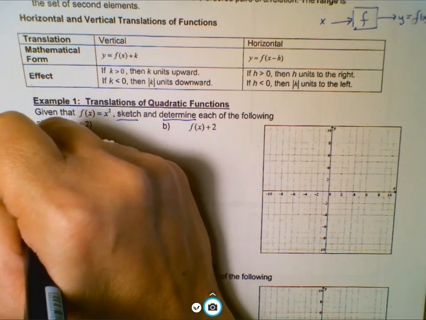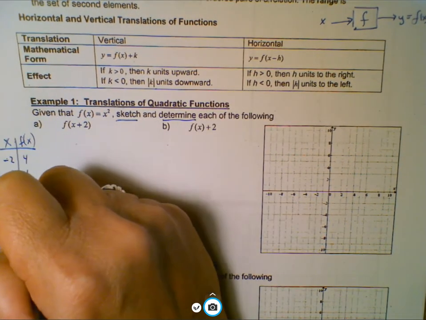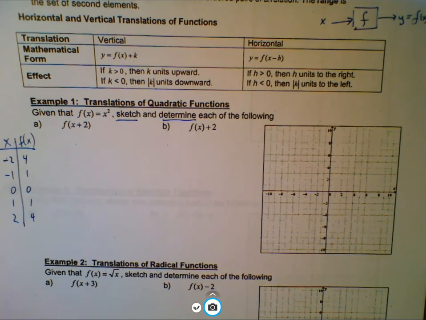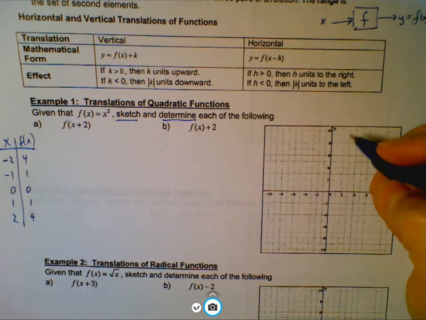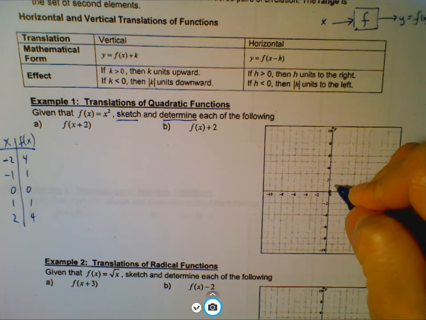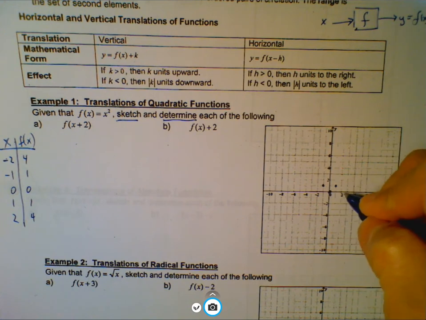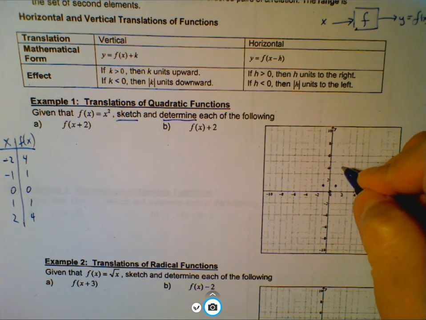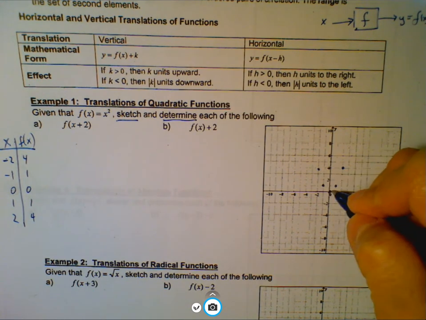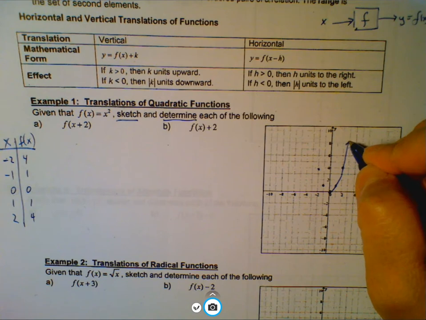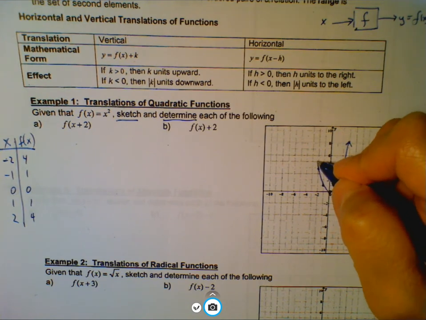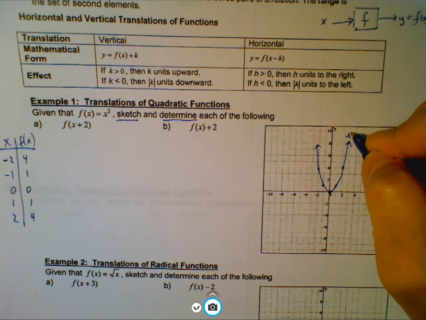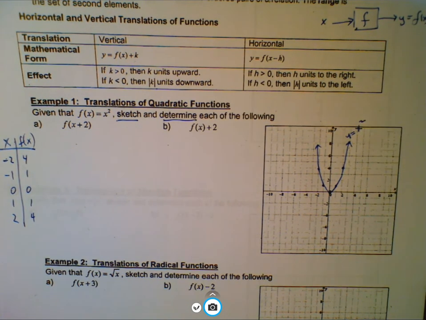And you figure out x squared, so that's 4, 1, 0, 1, 4. Okay, so I'm going to sketch this here. We're very familiar with this one already. 2, 4, 2, 4. And then I got this. I'm going to label it y equals x squared.